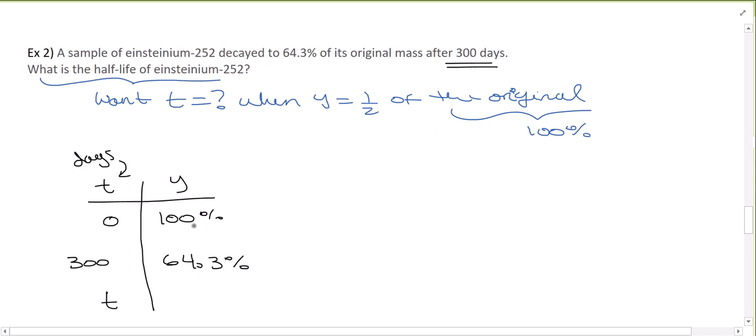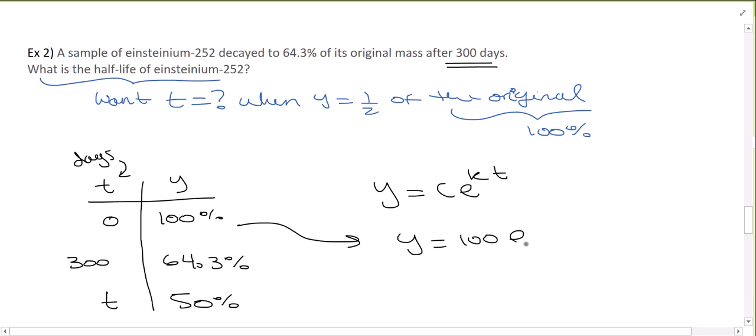Half of 100% will be 50%. Even though we don't have actual amounts like milligrams or grams, we do have percentages, and we can still work with those as our amounts. So our equation is y equals c e to the kt. For this model, we have 100%, so it'll be y equals 100 e to the kt.